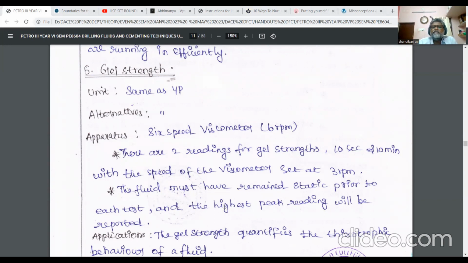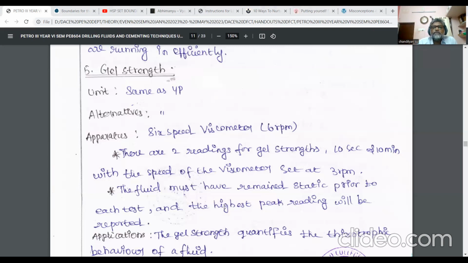The highest peak reading will be reported. That means there'll be a deflection seen in the needle. The needle starts growing, then you should note down the maximum point of the reading. Why? Because the needle gets deflected back to another position.